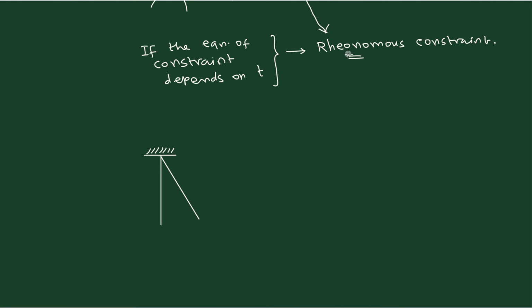And in order to understand what is a rheonomous constraint, you have to focus your attention on this particular point of pivot. So what is the point of pivot here? The point of pivot is this one. Let me show it in some kind of yellow color here.